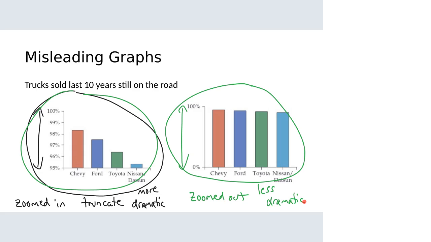Let me know if you have any questions about that. The idea of truncating, which is zooming in, those two words mean the same exact thing as each other. If we say truncate or zoom in, that means the same thing. And zooming out will make it look less dramatic. Okay, very good.